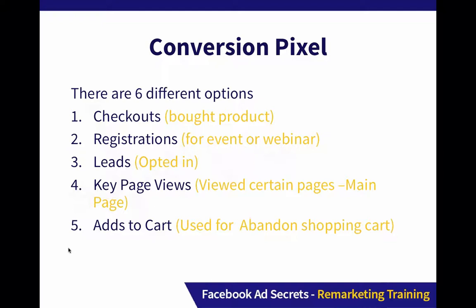We can do add to cart, and we would mainly put that little pixel on the page that they come to after they've added to cart, before they've checked out, and that's used for abandoned shopping cart. If you have an e-commerce site, they come to the main product page to buy their pair of shoes.